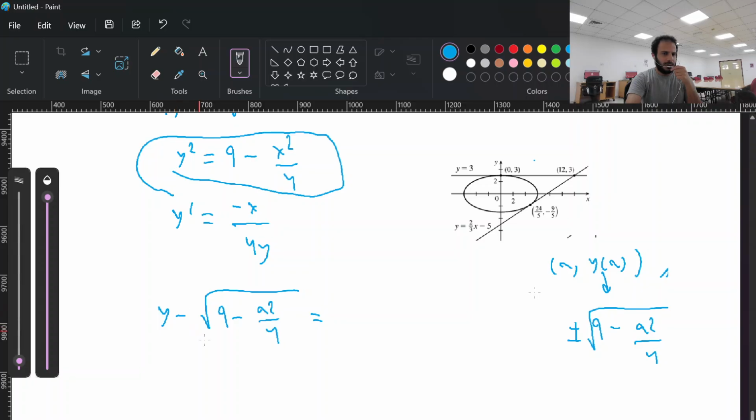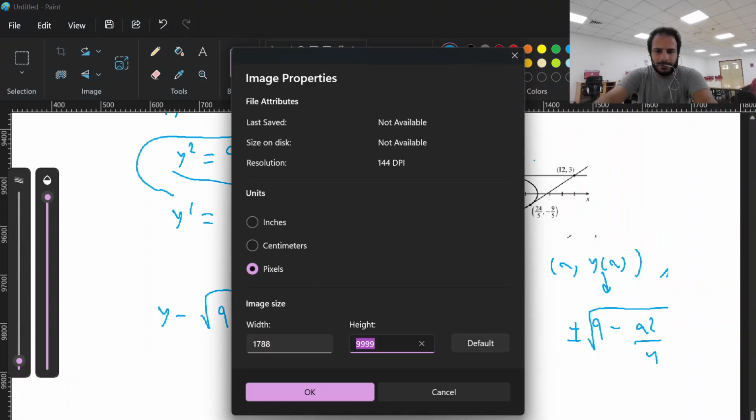Now the slope is you substitute a and the positive root, so it will be minus a over 4 times the square root of 9 minus a squared over 4, times x minus a, right? Good.